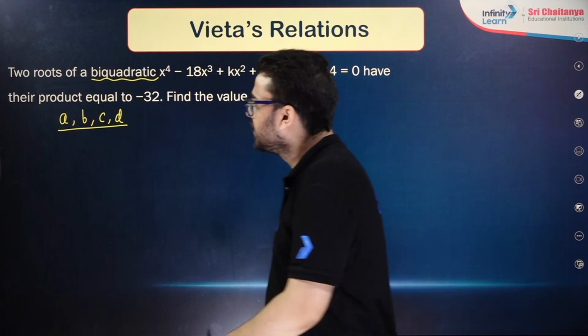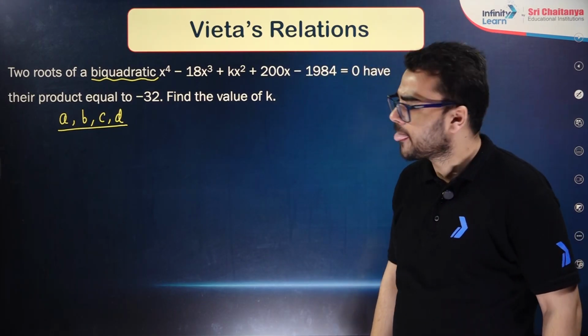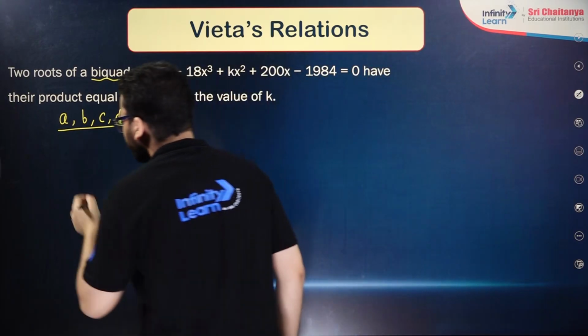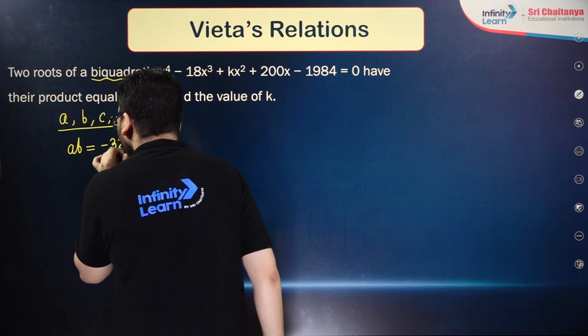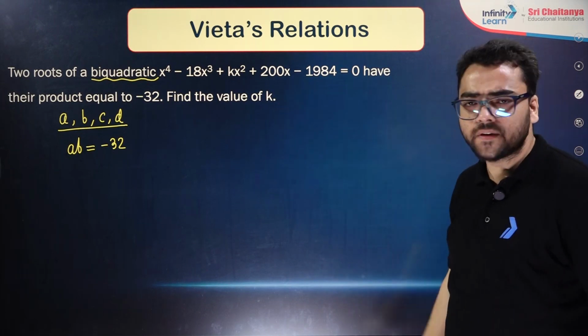Suppose the roots of this biquadratic equation are a, b, c, d, correct? So the product of two roots is given as minus 32. So suppose ab is given as minus 32. You have to find the value of k.